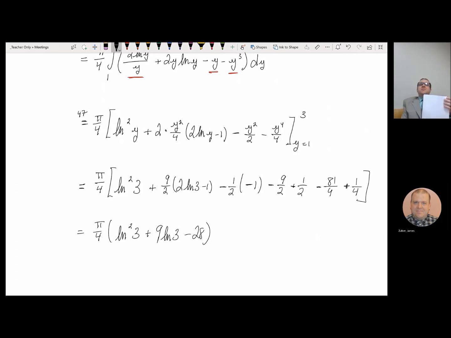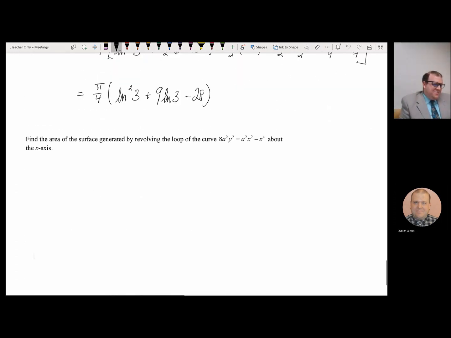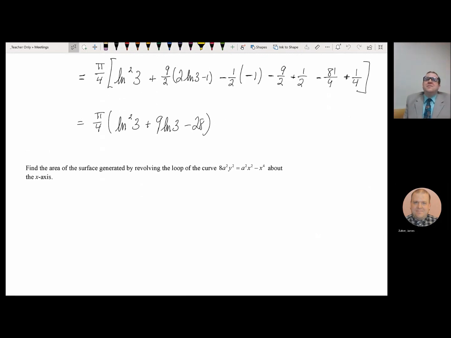I only had to cheat once because I didn't want to do integration by parts. This one. That's the one I was thinking of.